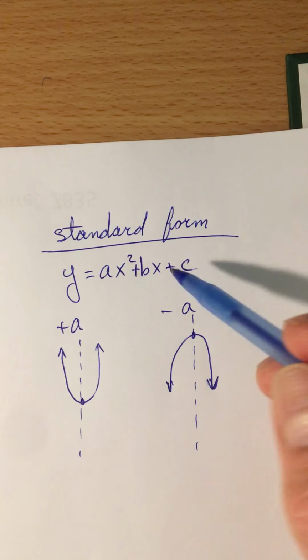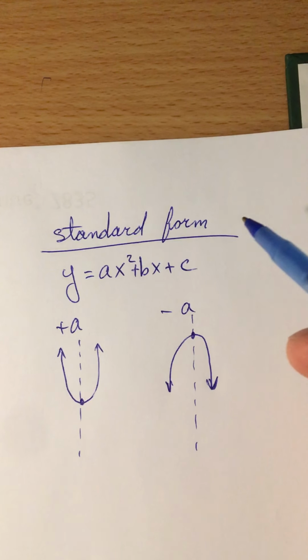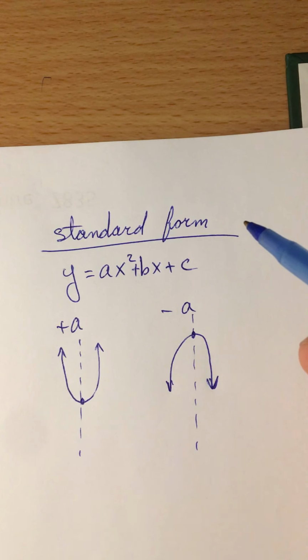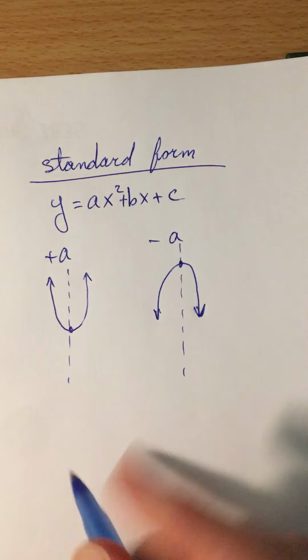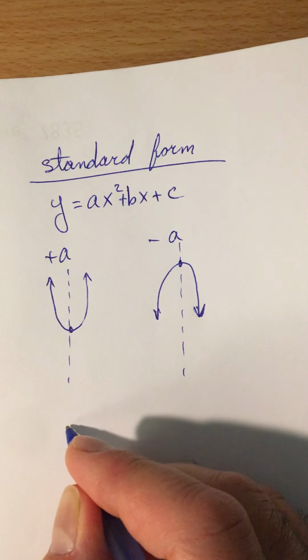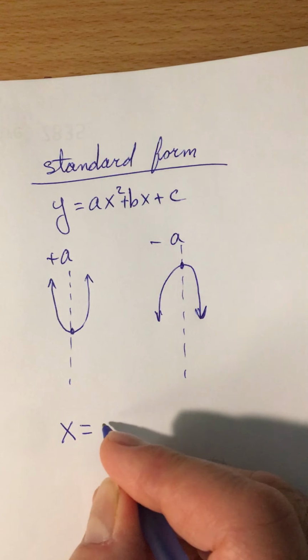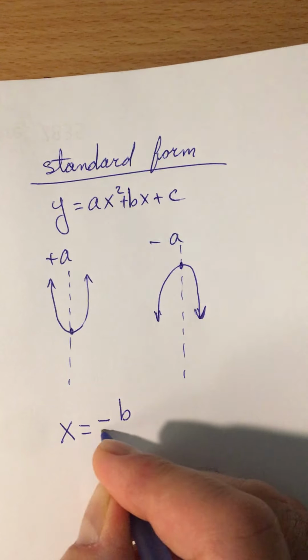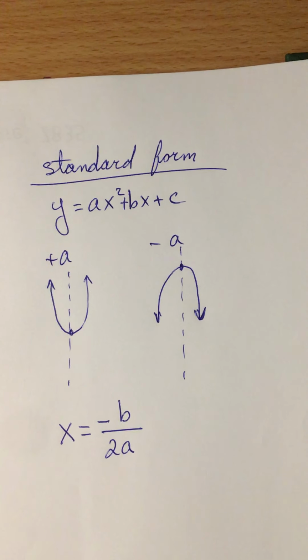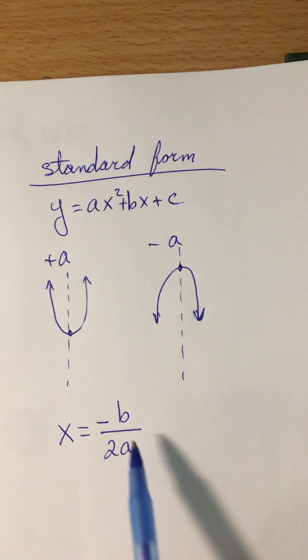Now, if your quadratic equation is in this form, it's not so obvious where the vertex is. So there's a formula to find the vertex. The x value of the vertex is obtained by x equals negative b over 2a. Where do you get b and a?